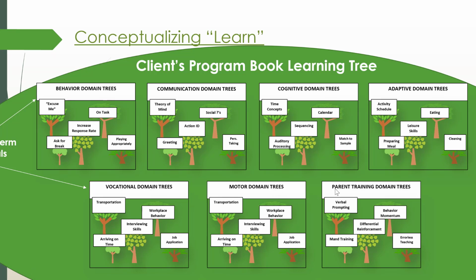What you're going to have to understand is that these clusters are called domains in terms of Apple's consideration, but in terms of Learn's consideration, they're considered long-term goals, and we'll get back to that later.